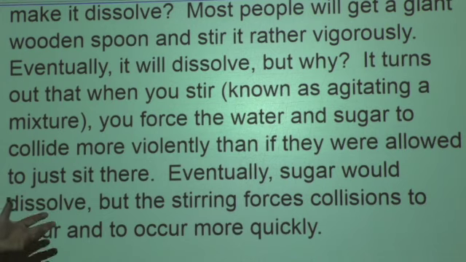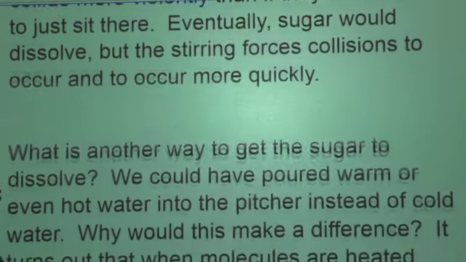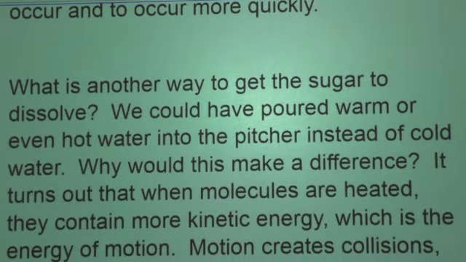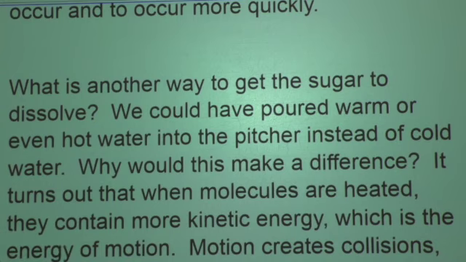Eventually the sugar will dissolve, but the stirring forces collisions to occur and to occur more quickly. So agitating a solution is very important. You can shake it, you can stir it, you can do whatever it takes to get it to dissolve, but you've got to cause the motion of the two particles to collide with each other.